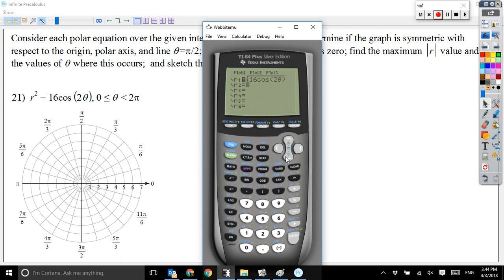But remember, when I take a square root, I have to do plus or minus. So I also need to do negative square root of 16 cosine of 2 theta. So for this one, because this is r squared, I had to do plus and minus.